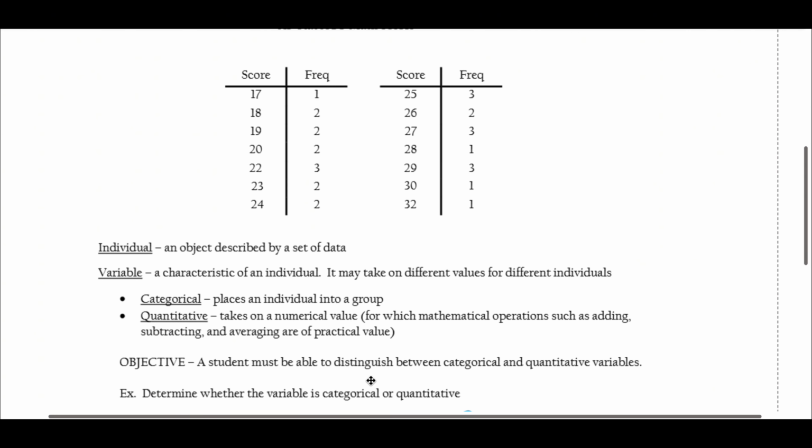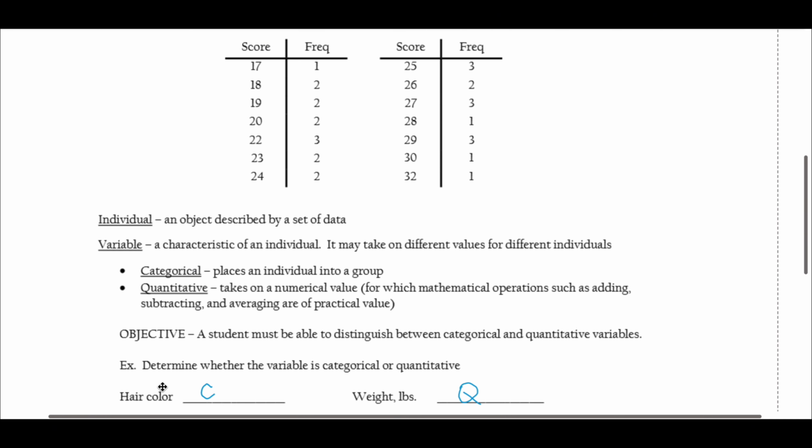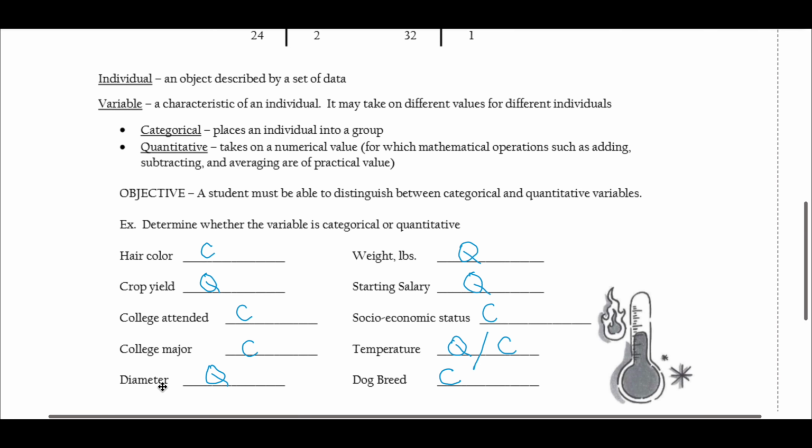And there are some examples where we determine whether the variable is categorical or quantitative. I already put the answers next to them, but I also want to go over them. For example, hair color is a categorical variable because you cannot put numbers for each hair color.